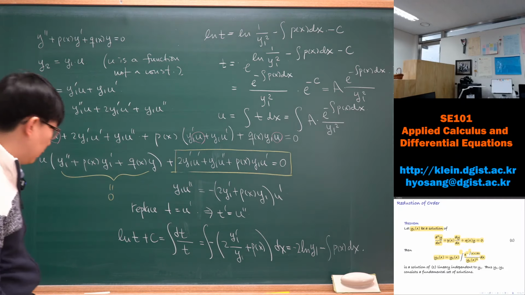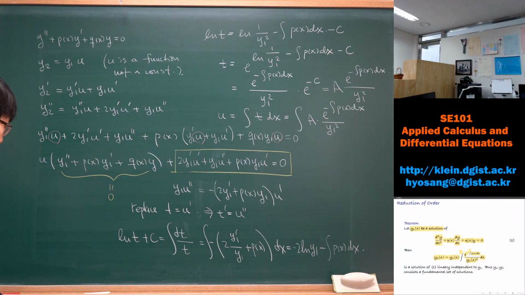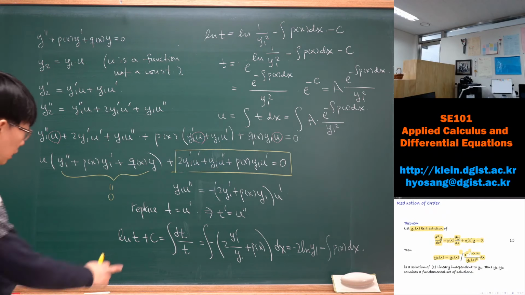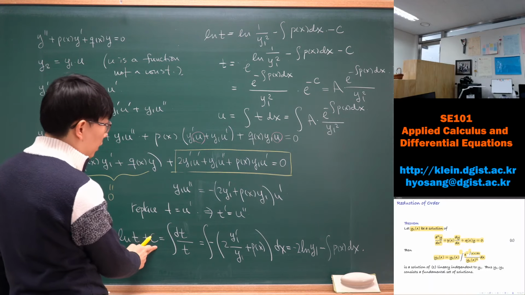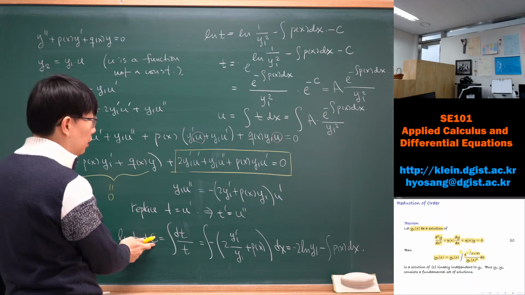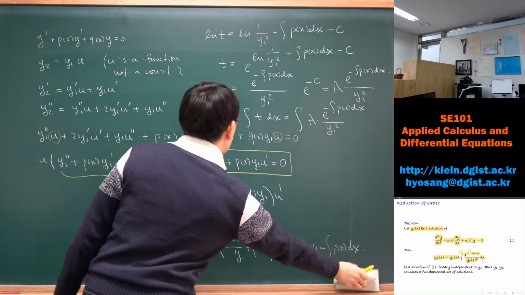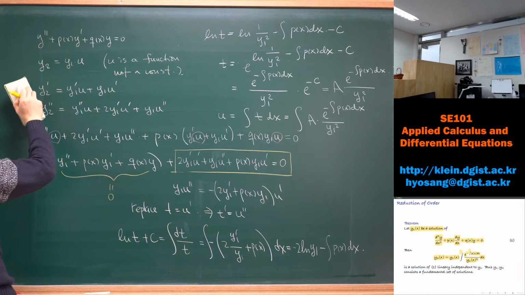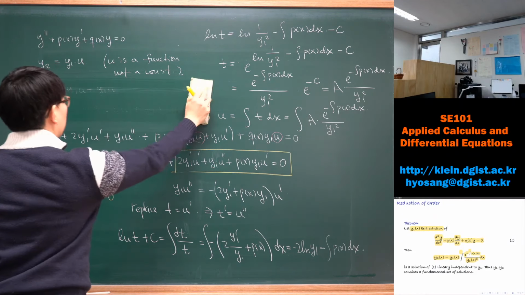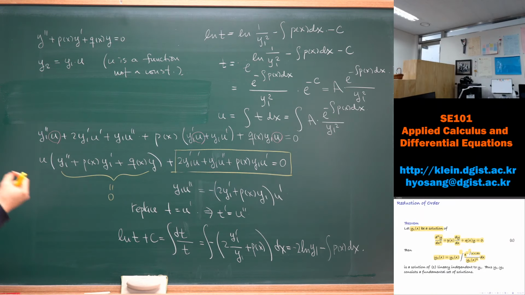Now you see, we actually didn't need to put c in the beginning, because what happens when I put a constant c is that I get the constant a here, but at the end I just want a particular solution that serves as a fundamental solution.